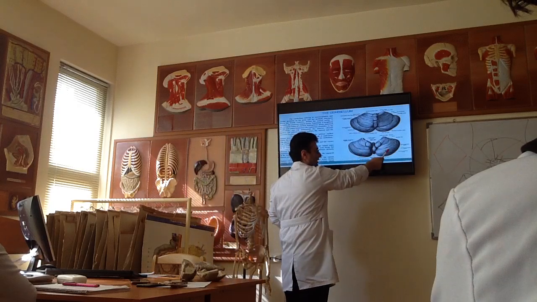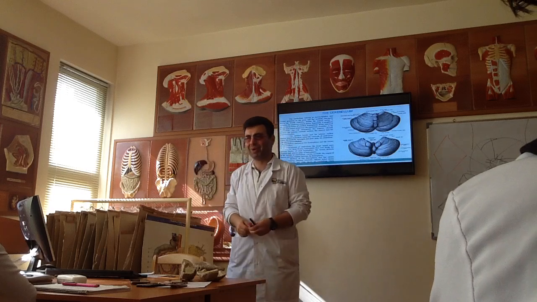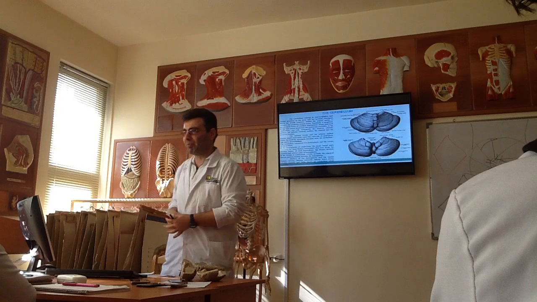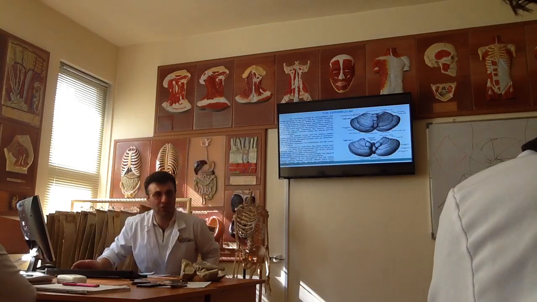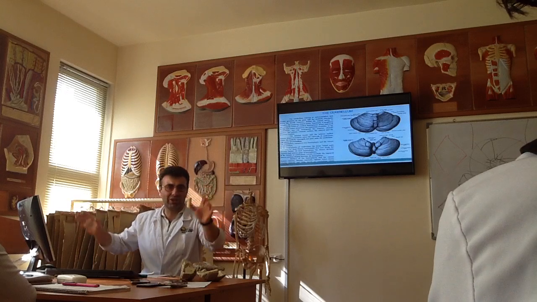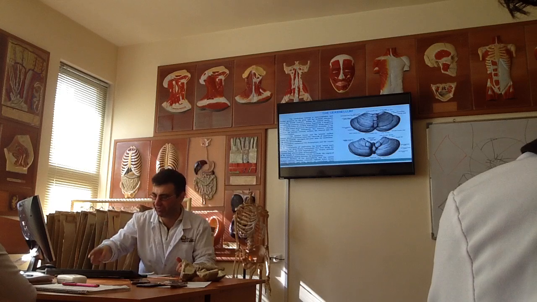Let's say this is the right and left hemispheres, and this is the vermis, the connector part, which is located between these 2 hemispheres. Remember, please, all of the cerebellum we divide into 3 parts: right and left hemispheres, and the vermis, which is located like a connector between them.